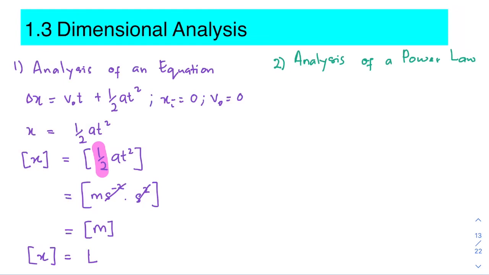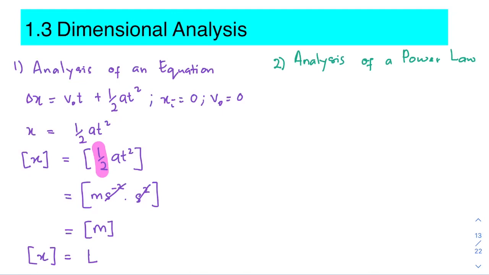For example, we have a statement that x is depending on acceleration and time in general. So how do we get the equation of that?